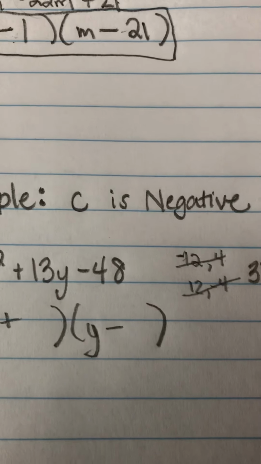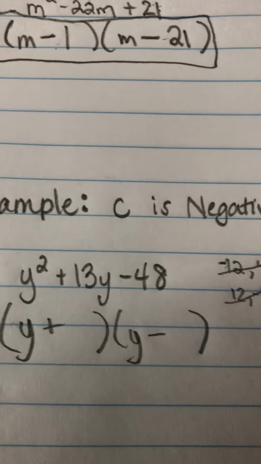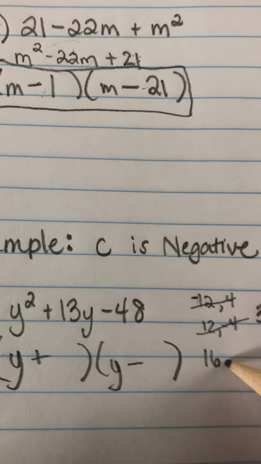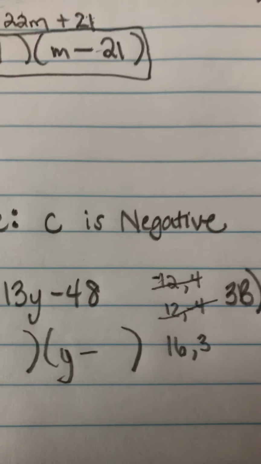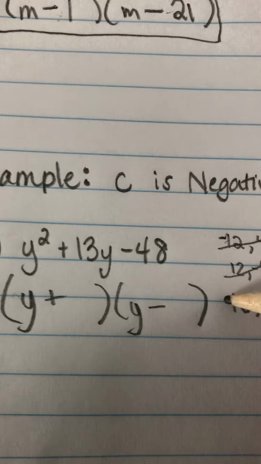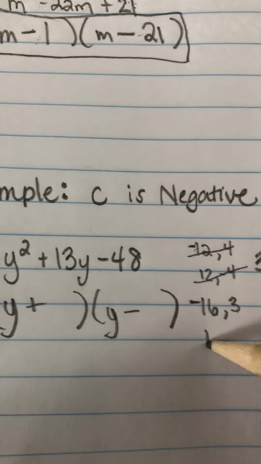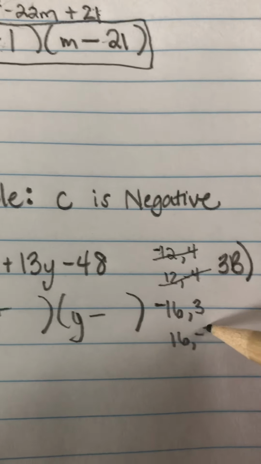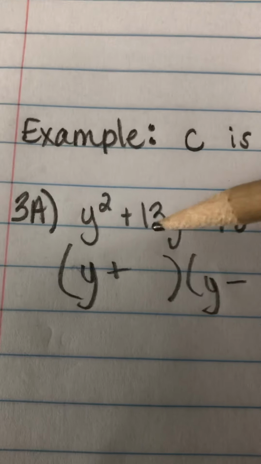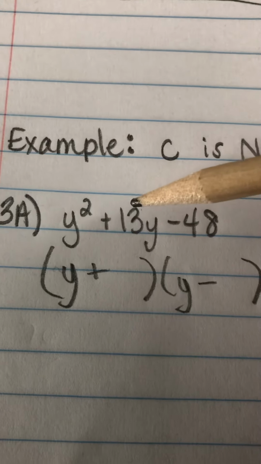Nope, nope. So you're going to have to start thinking of more factors of 48. 16 and 3, that's not one that always comes to mind right away, but those do multiply to 48. So one would have to be negative though, right? So do either of these give you a positive 13 when you add them up?